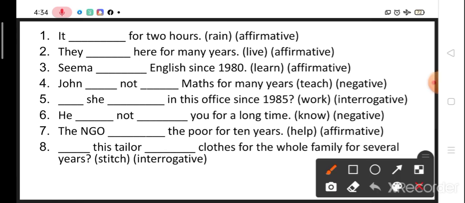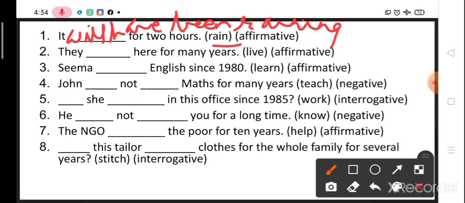So here it will be it will have been raining. It will have been raining for 2 hours.